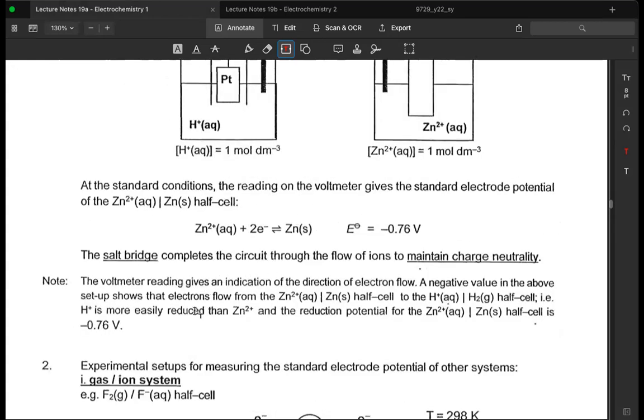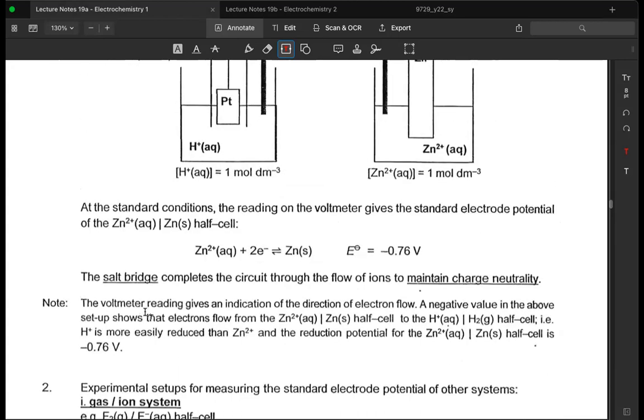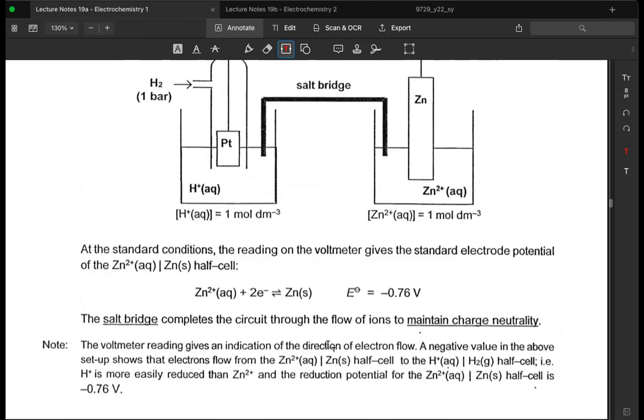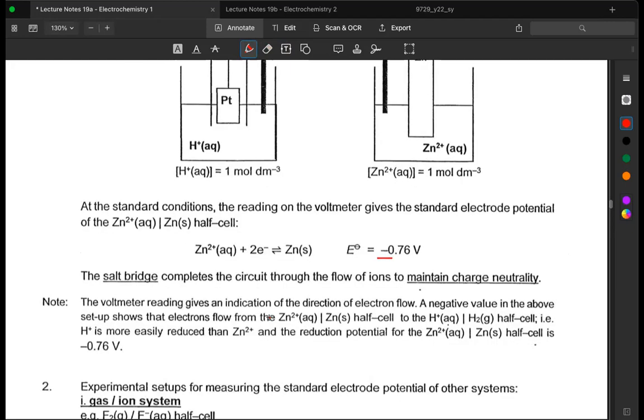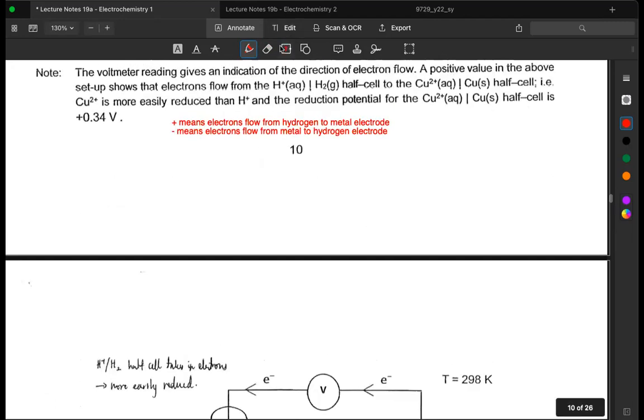So the voltmeter readings will give an indication of direction of electron flow. You see a negative value here. Okay, negative value means that the electron is flowing from the zinc to the hydrogen half cell. Actually it should not say electrode.